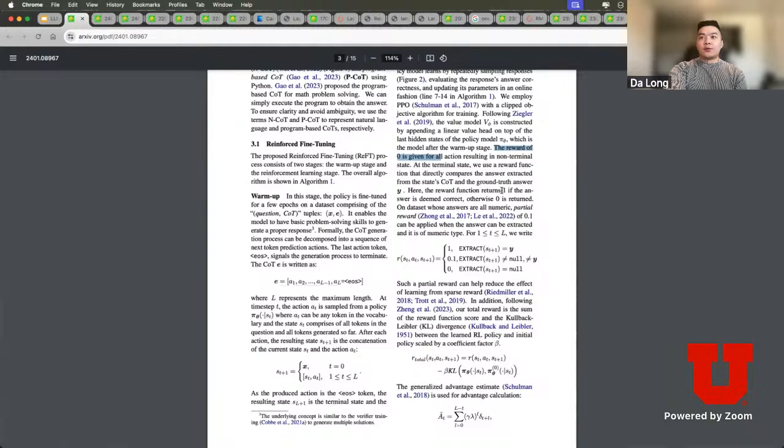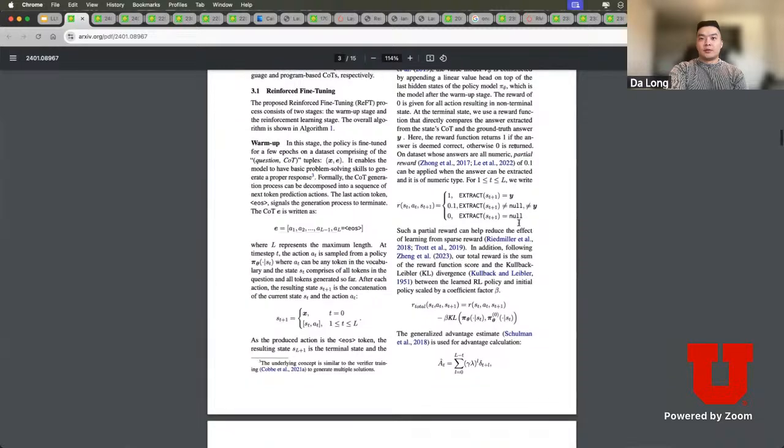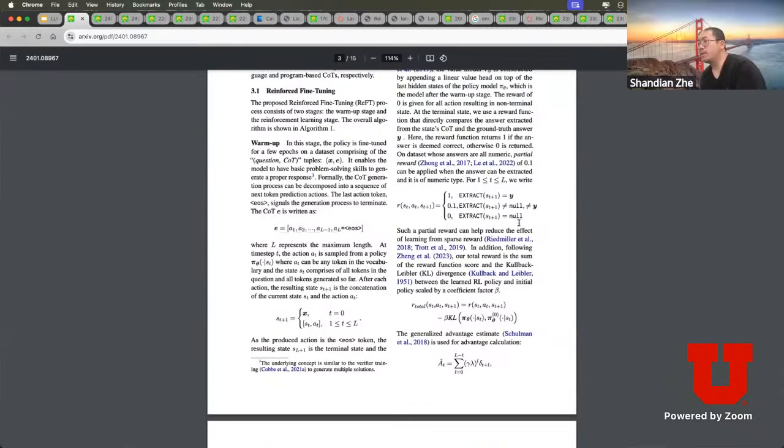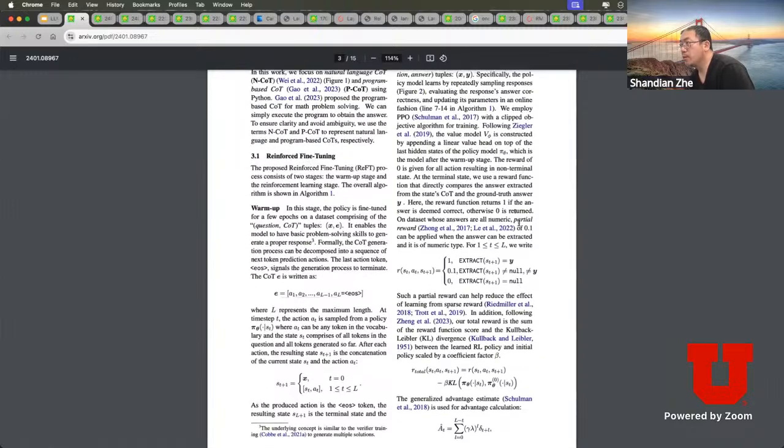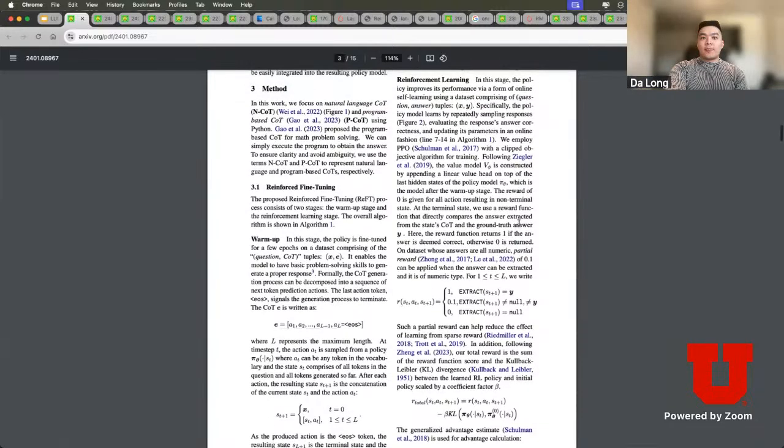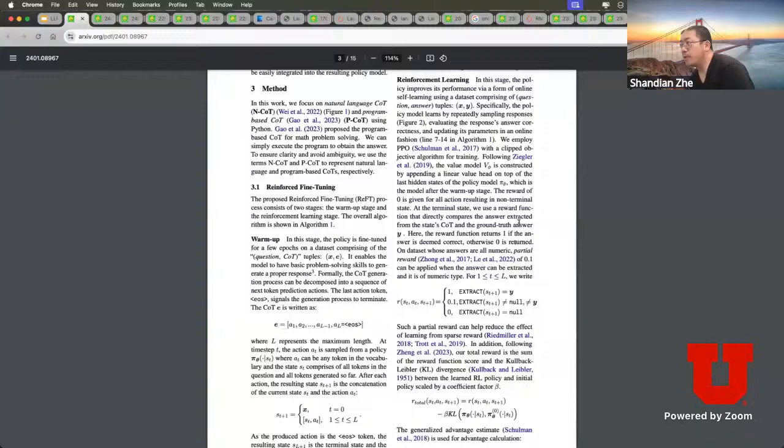If it's 1, it is correct. If 0, it is wrong. So it's just the outcome-based reward. But this reward is given by human beings, right? You need to know if the answer is correct or not, right?